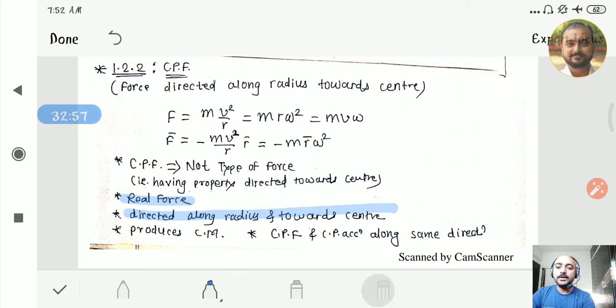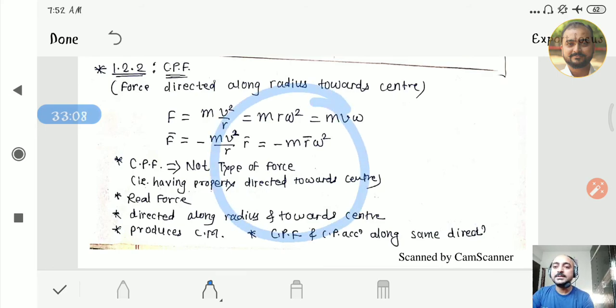And one more necessary point to remember: this centripetal force produces the circular motion. Means as circular motion is produced there, the centripetal force exists.